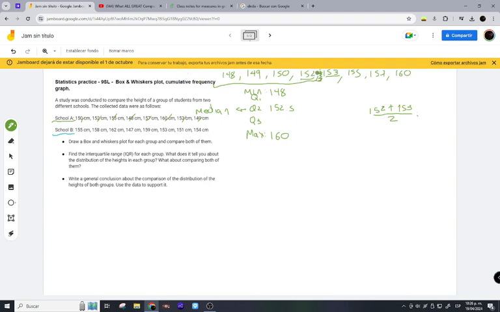So same process, it's even, it's 4 elements in this half, so the half of 4 is going to be 2, so we know that the second and the third values are going to be used in order to determine quartile 1. We have to do exactly the same, 149 plus 152, and then divide by 2 to get Q1, and it's exactly 149.5.